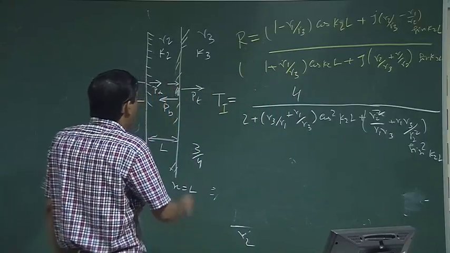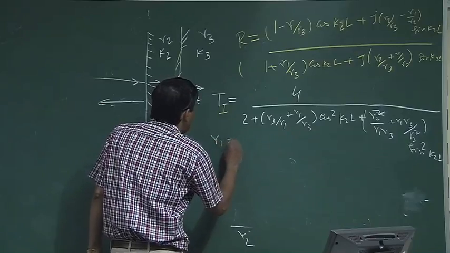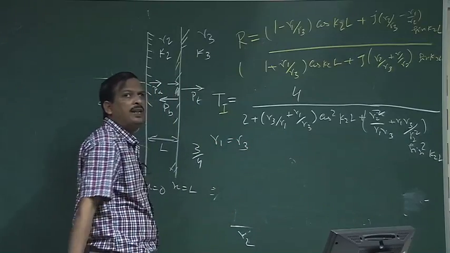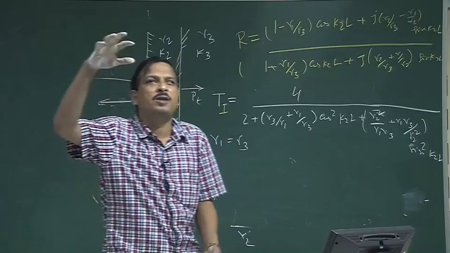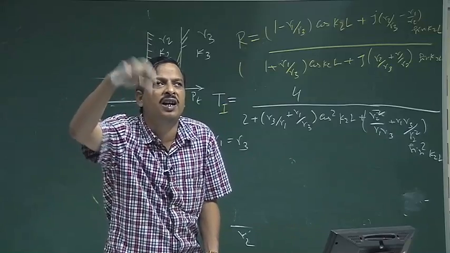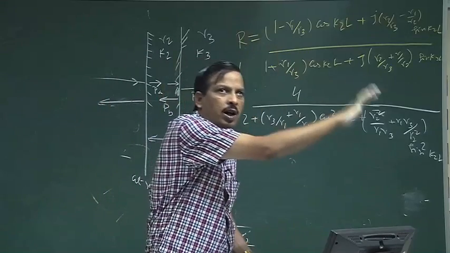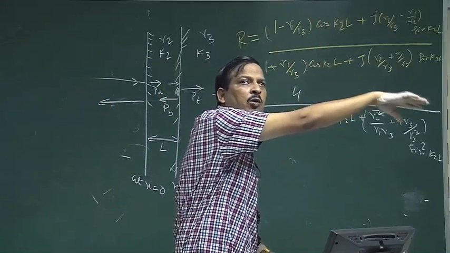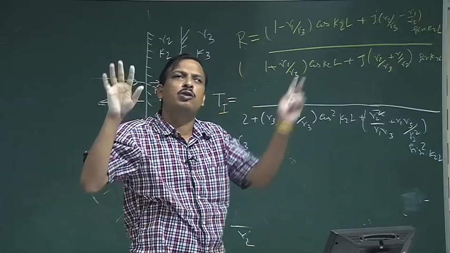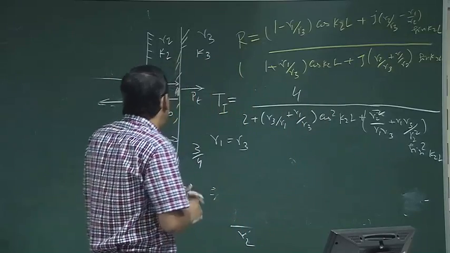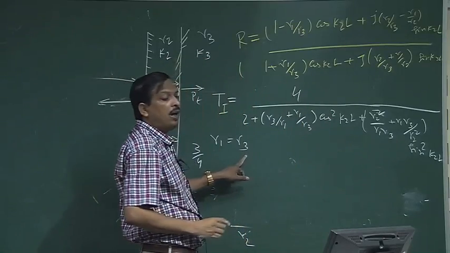Now, if I consider that R1 and R3 are equal, what is the meaning? Sound is transmitted from the air medium inside this room to the wall, and after the wall there is another air medium. Let the two air media be the same, that means R1 equals R3.